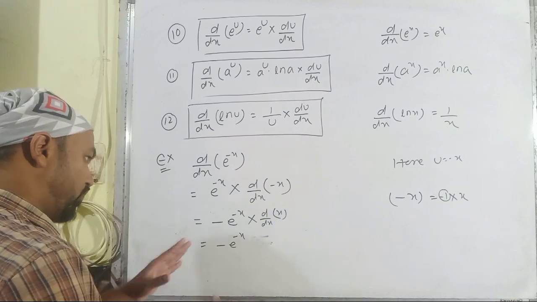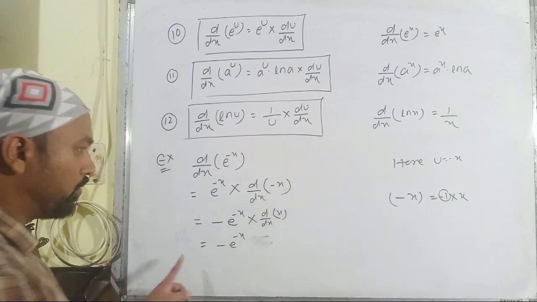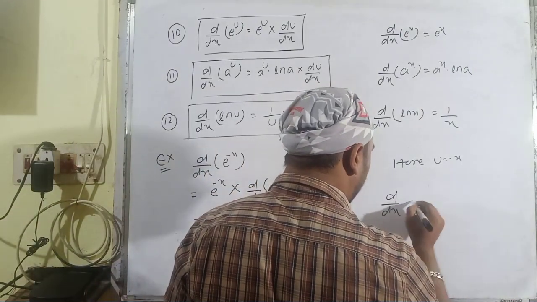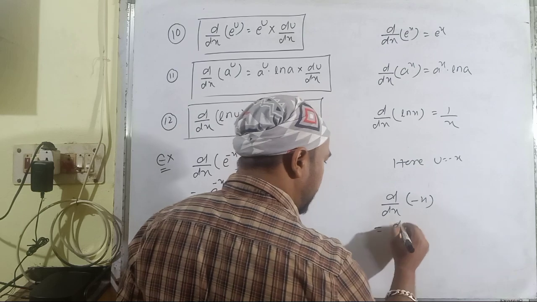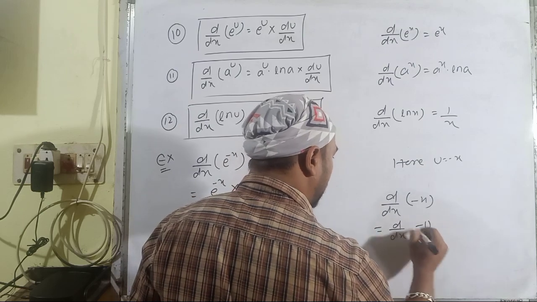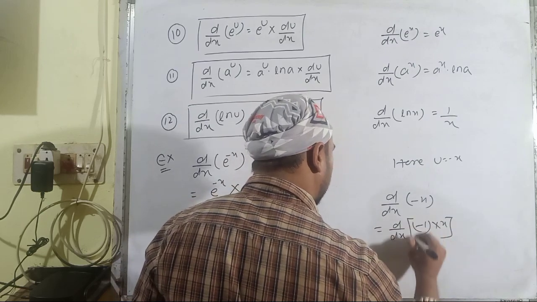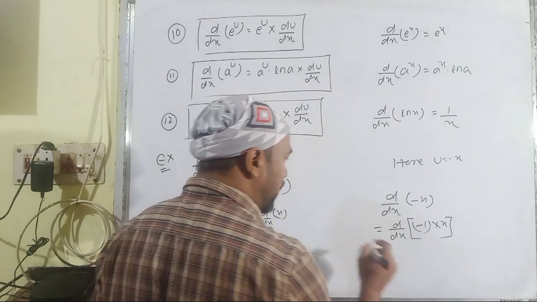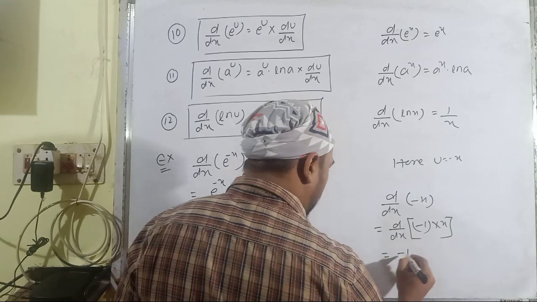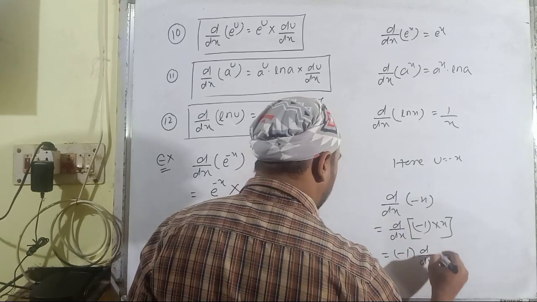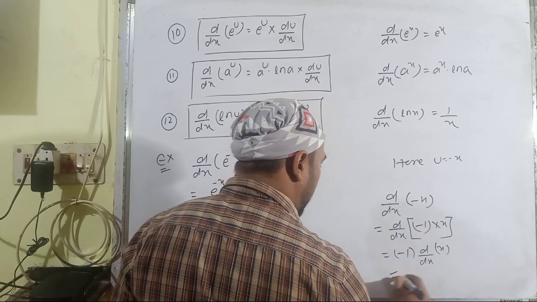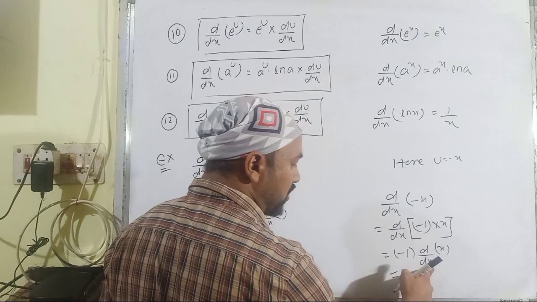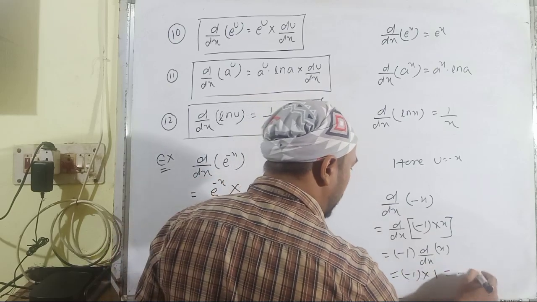We can also solve this problem by using another method. Differentiation of minus x is differentiation of minus 1 multiplied with x. Minus 1 is a constant. By taking minus 1 outside, it will be minus 1 multiplied with differentiation of x, and differentiation of x with respect to x is 1, which is equal to minus 1.